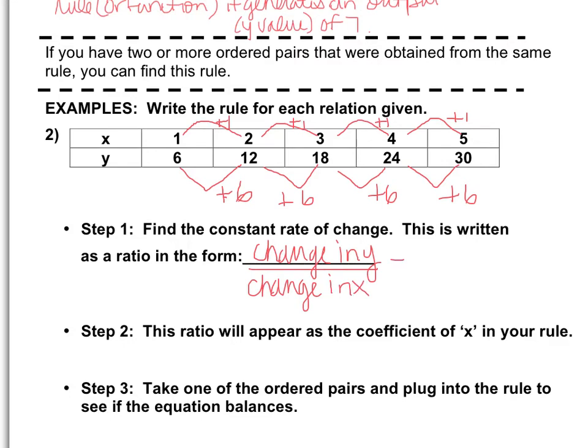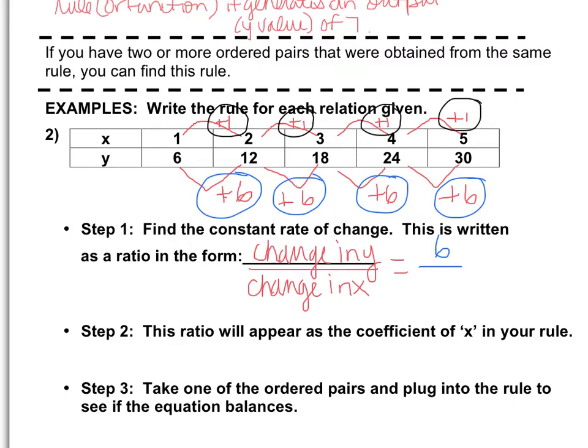Okay, so what was happening with our y values? The change in our y values was plus 6. The change in our x values was just over 1. Okay, so if I simplify that, that's going to be the same thing as just 6. So my rate of change, or my constant rate of change, is 6.